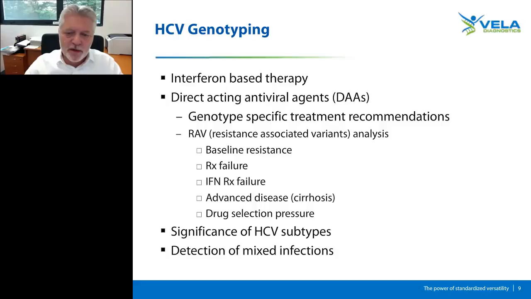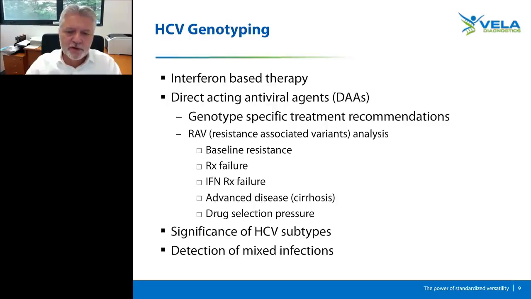Most problematic are typically patients who suffer from advanced liver disease, meaning cirrhosis, and in particular, decompensated cirrhosis. There is a strong opinion among experts that you will also see more RAVs coming up over time due to drug selection pressure.